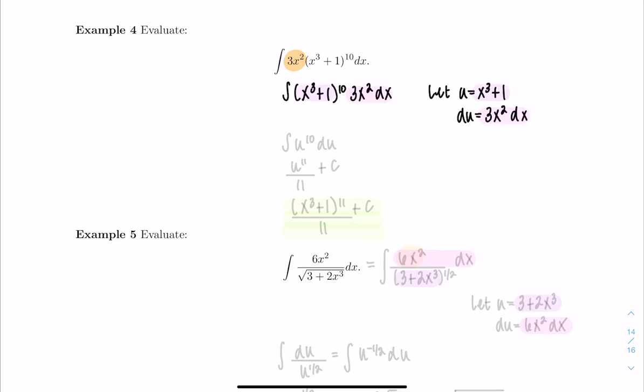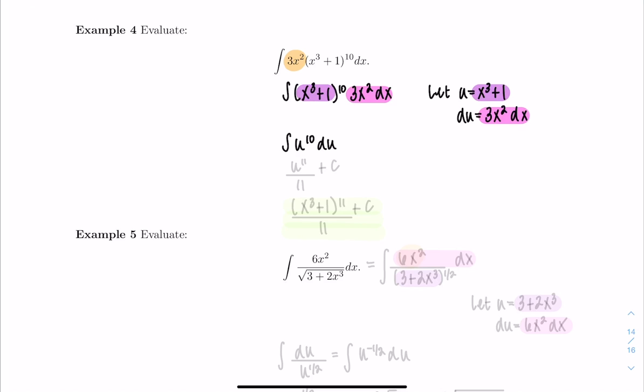Using those two definitions, I'm going to rewrite the integral as the integral of u to the 10 du. And this is a lot easier to solve than what we started with.